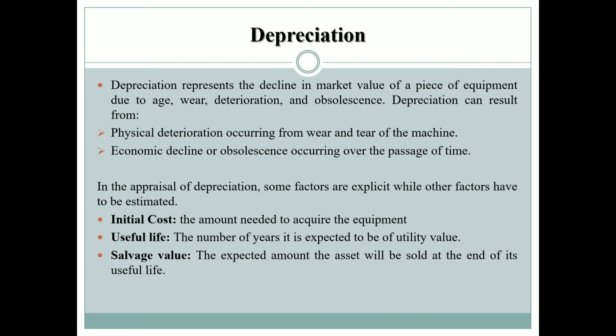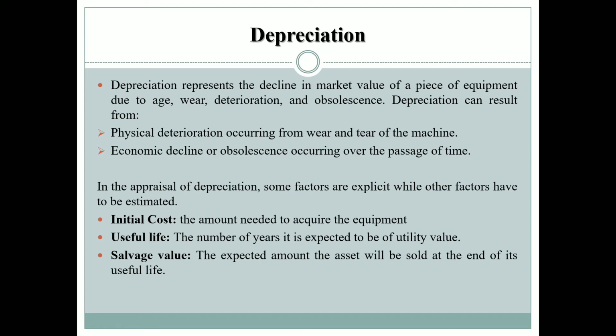Below that, it cannot be sold. So maybe around 6 lakhs after 5 years, if I consider, if it is 6 lakhs, then 6 lakh is your salvage value, whereas 10 lakh is actually your initial cost, whereas the useful life is 5 years. That is the example.